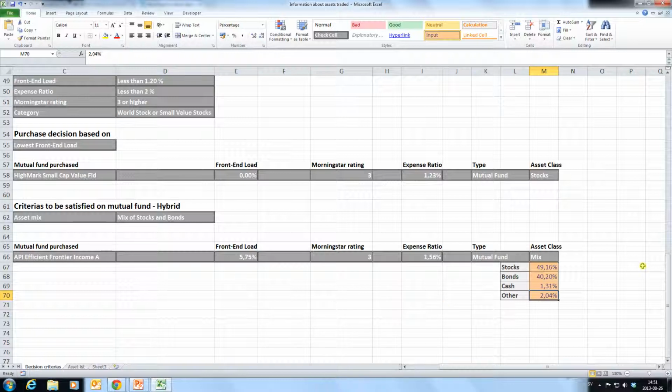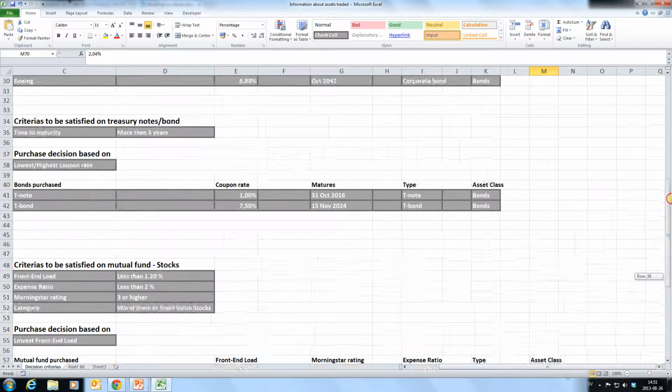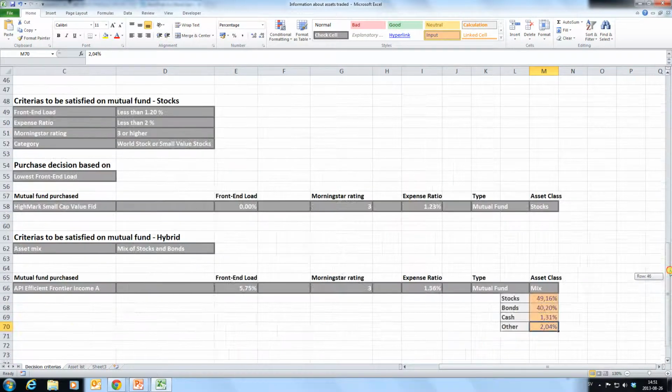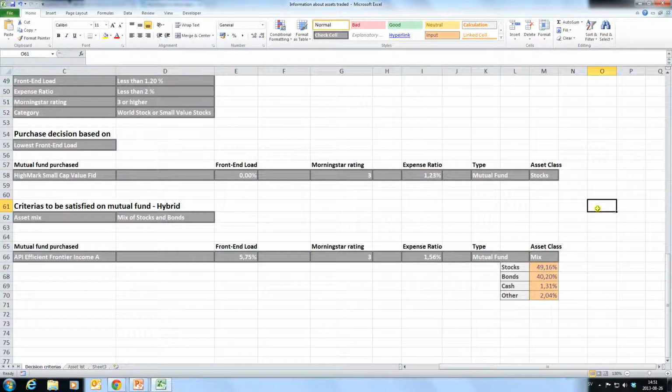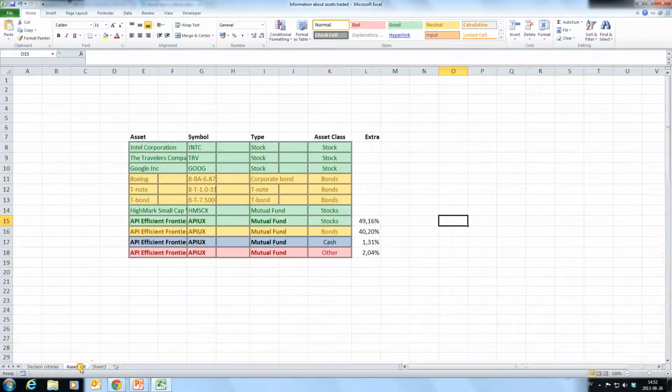Now, by now I have invested in stocks, bonds, and funds. We can find them over here. And it's quite a lot of information to look at. So I'm going to order them in an asset list that I have here. I have marked all the stocks in green. I marked all the bonds in yellow, and in this last example, the mixed fund, I divided it, so I've written it 4 times.